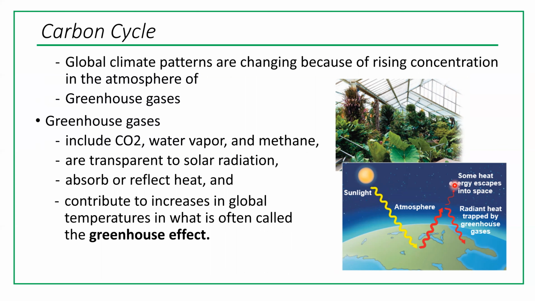And the same as in a greenhouse, we see the increase of temperature on the planet as well, right? So those gases, they absorb or reflect heat and contribute to increase in global temperature that is often called greenhouse effect. So you can see over here how heat is trapped by these greenhouse gases and reflected back to the surface instead of escaping into the space.